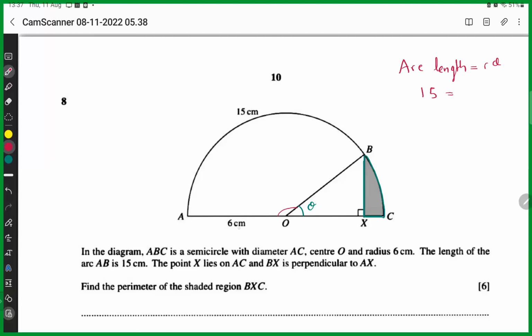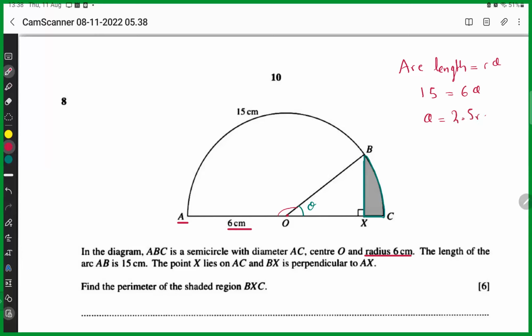The radius is 6 centimeters because A is on the circumference of the circle and O is the center. So 6 is going to be the radius, and that's also mentioned specifically. So this would be 6 into theta, and theta is equal to 15 divided by 6. So you would get something in decimals, and that is 2.5 radians.